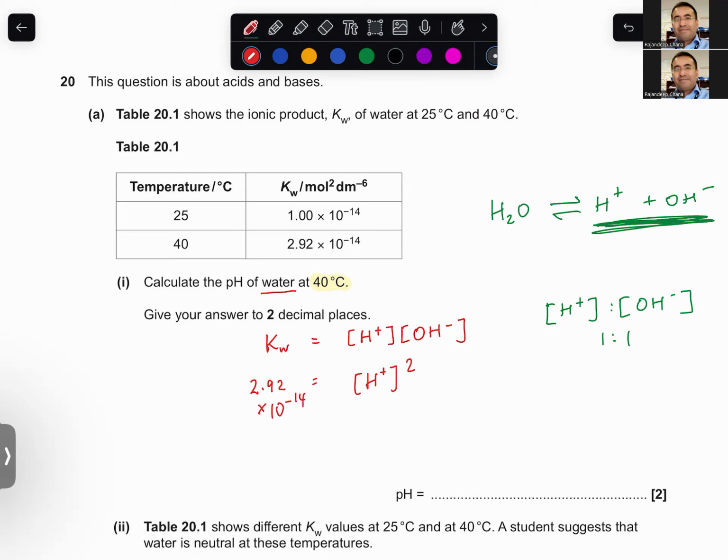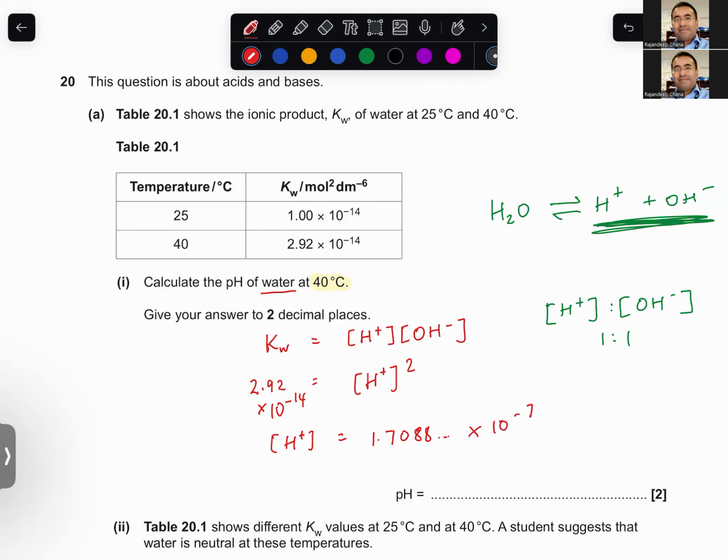And so if we work out the concentration of H plus, it's 2.92 times 10 to the minus 14, and we square root that, that gives us 1.7088 times 10 to the minus 7, and then we take minus log to the base 10.